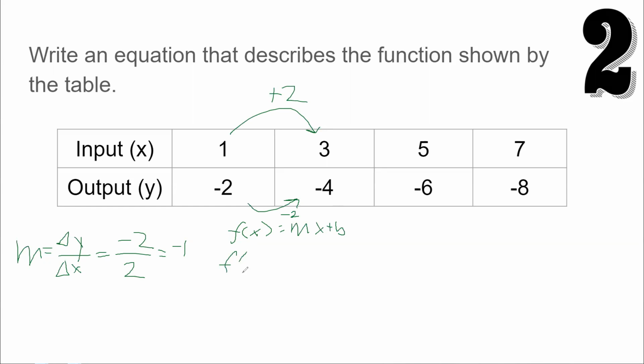So let's fill out that information. So we're going to replace the m with a -1, keep our x, and then we have to figure out what our b is. Remember, b is where we have our y-intercept, or where y is 0. So currently, I don't see 0 in this table, but we can get there. So if I go this way, I'm going to continue going down in numbers. I know to get to 0, I have to go up. So I'm going to go up 2.